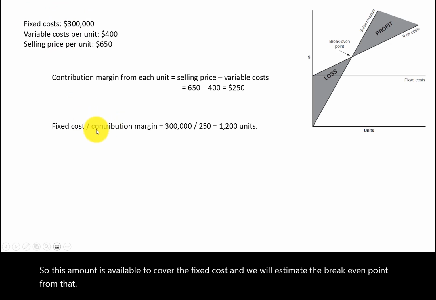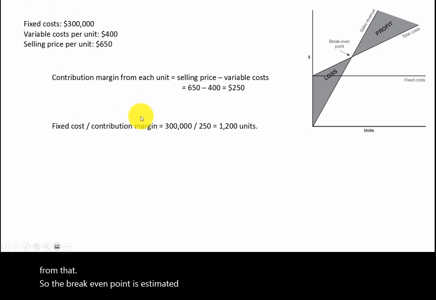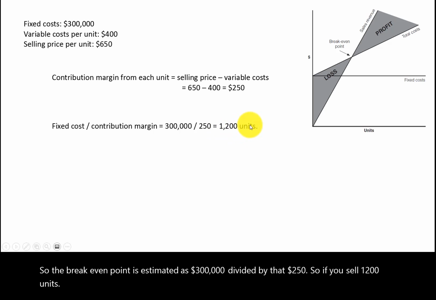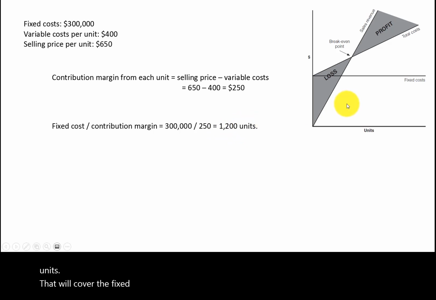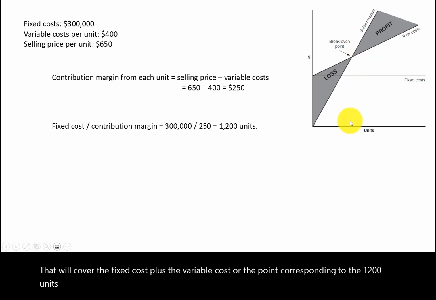So this amount is available to cover the fixed cost, and we will estimate the break-even point from that. The break-even point is estimated as $300,000 divided by that $250. So if you sell 1,200 units, that will cover the fixed cost plus the variable cost, and the point corresponding to 1,200 units is called the break-even point.